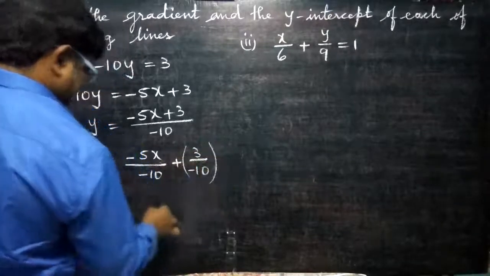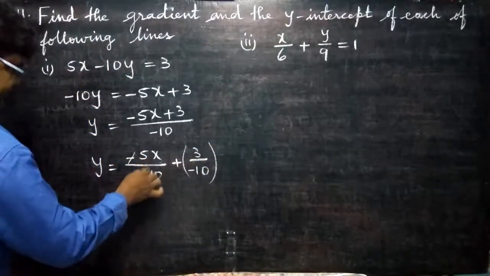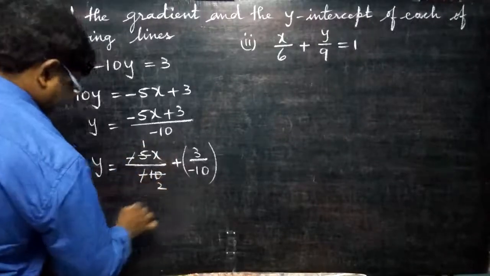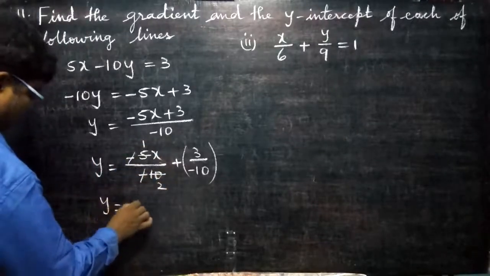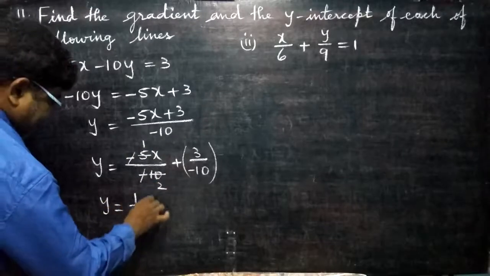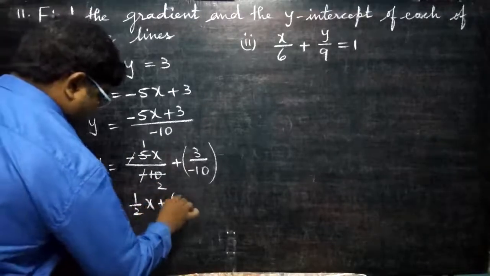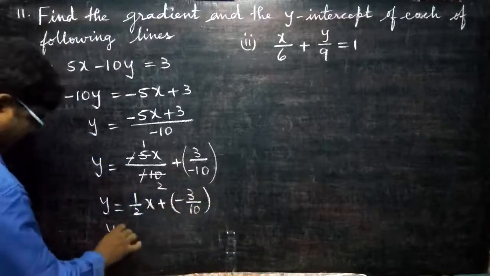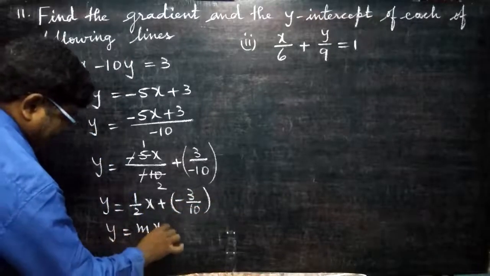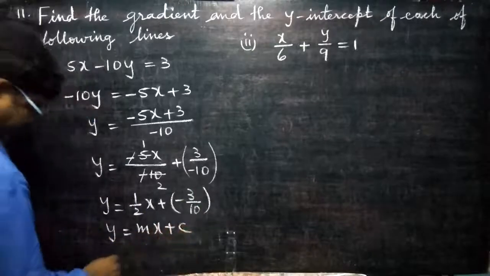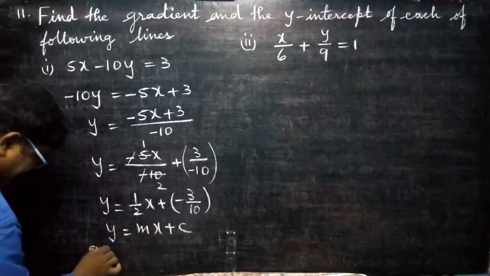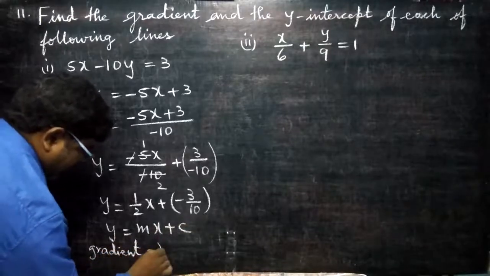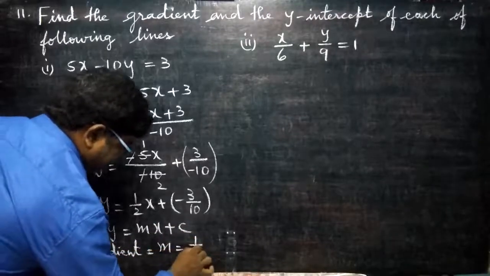Minus minus gets cancelled. 5 ones are 5, 5 twos are 10. So y is equal to 1 by 2 x plus (-3 by 10). Now I have brought it into the form y is equal to mx plus c. Now you can write the gradient: m is equal to 1 by 2.